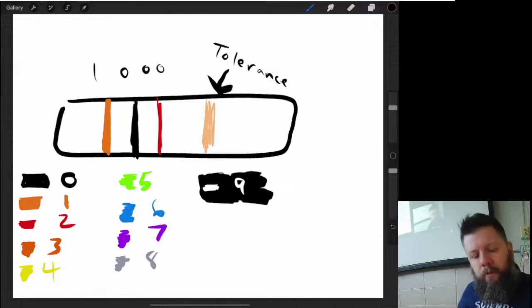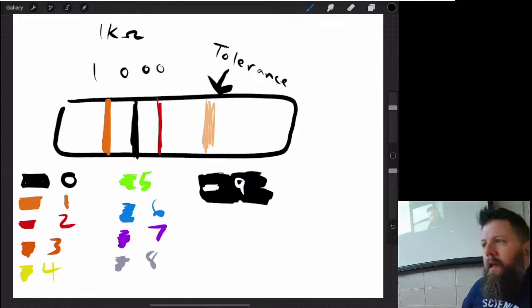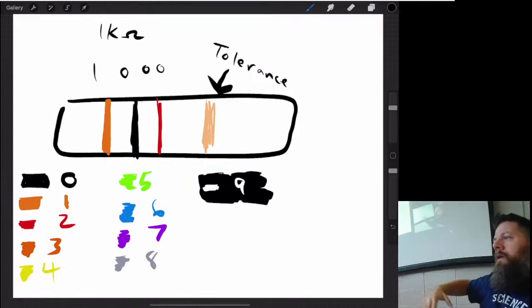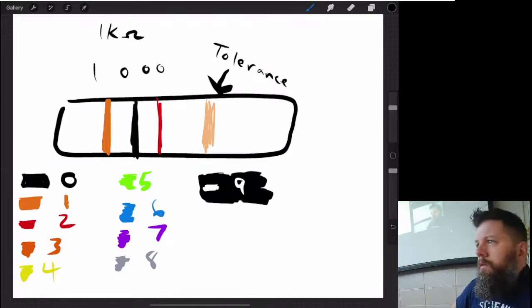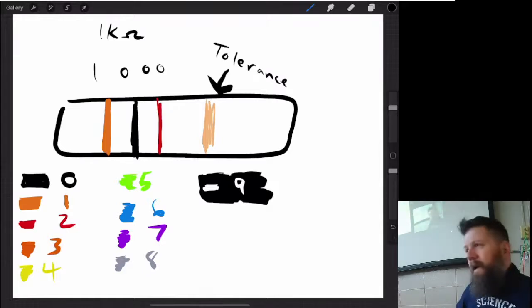So that is a 1K, and we need to get used to, when we're using big numbers or small numbers, start using multipliers to help with this, because once we start getting to like 1 meg, that's a lot of zeros to forget.